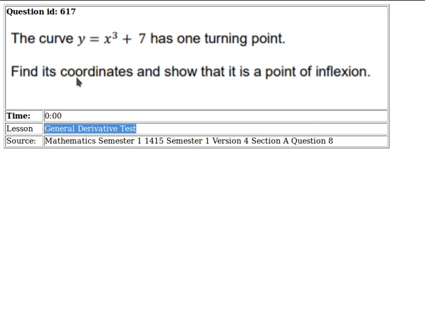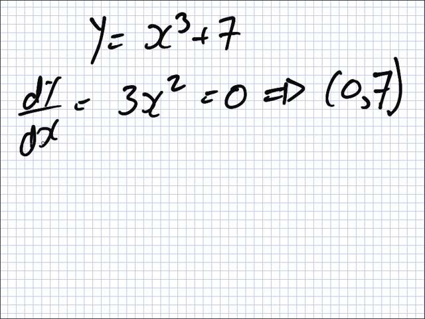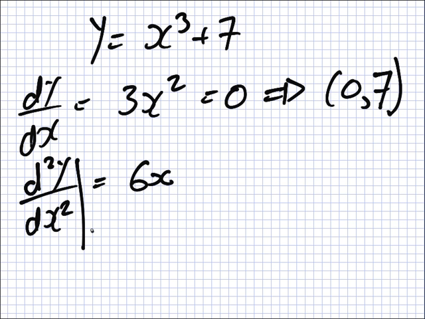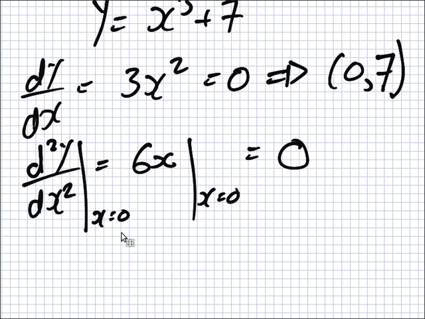However, we're not finished because we need to confirm it's an inflection point. So, the second derivative is 6x. However, when you make x is 0, this here is also 0. And if we remember, the flow chart means we're not finished.